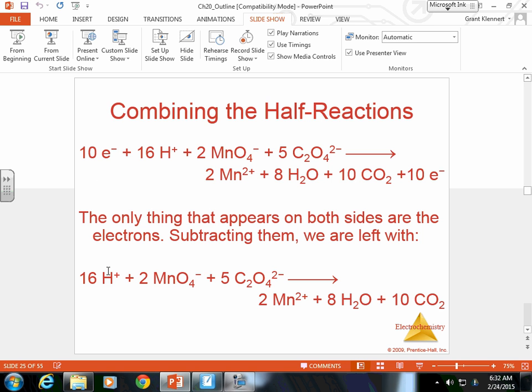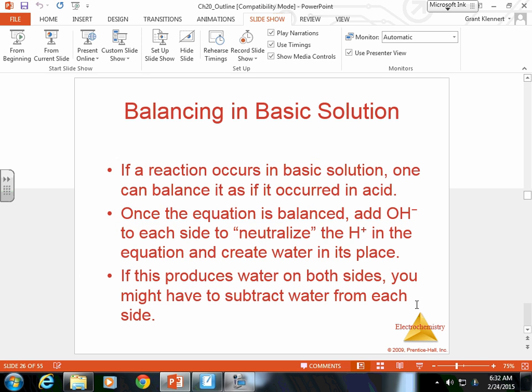And we're left with 16 hydrogens plus 2 MnO4 plus 5 C2O4 gives us 2 Mn plus 2, 8 waters, and 10 carbon dioxides. That is basically how you're going to do a redox reaction.